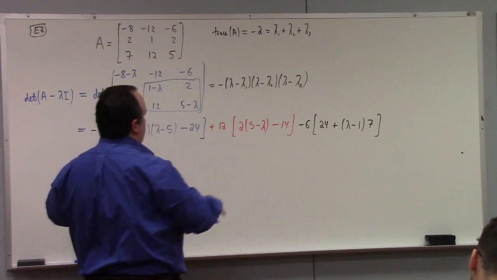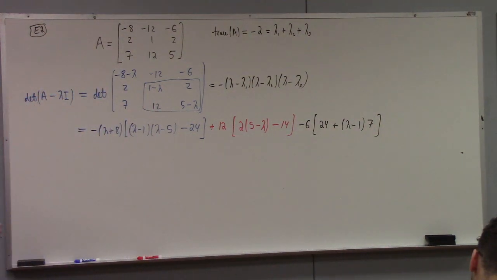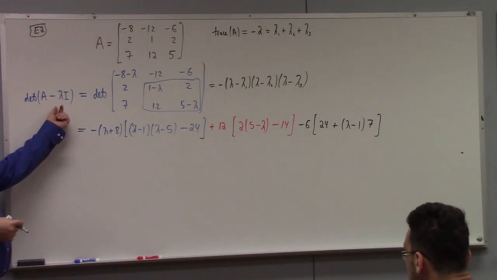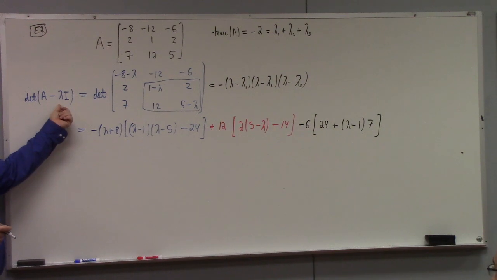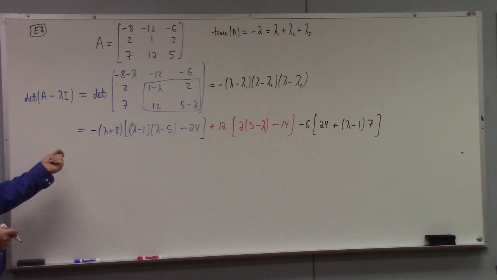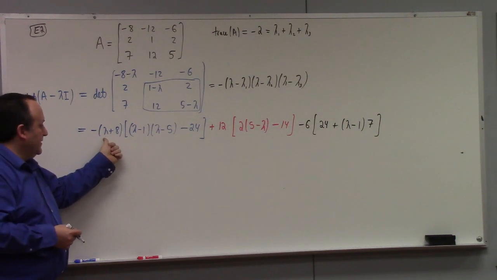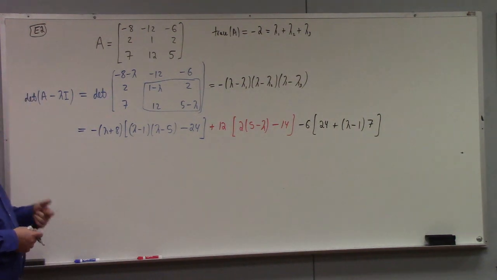When you work this out, that's what has to happen here, because there's 3 lambdas, so if we multiply that out, the leading term is going to be a minus lambda cubed. You can see it right here. So that's there, and when we factor it, it looks like that.